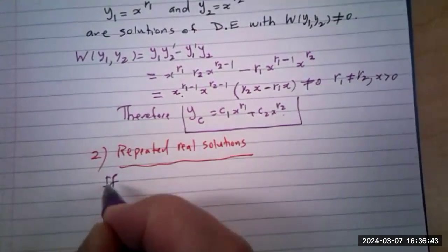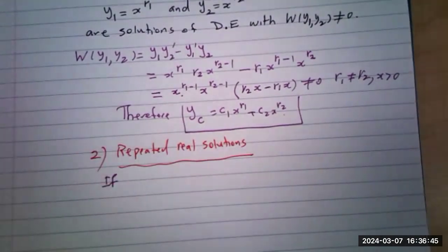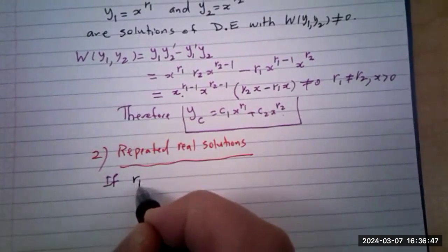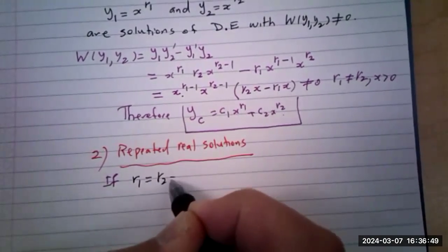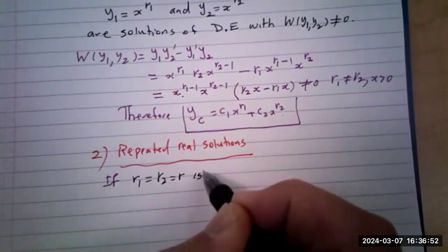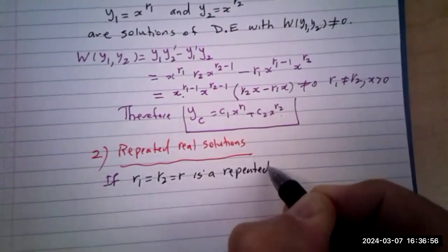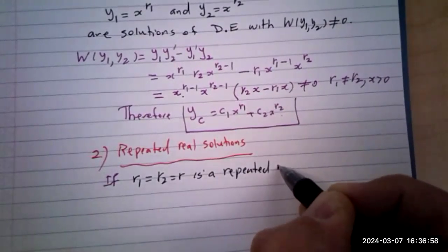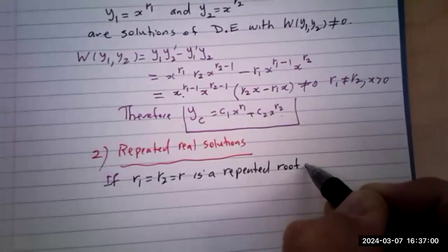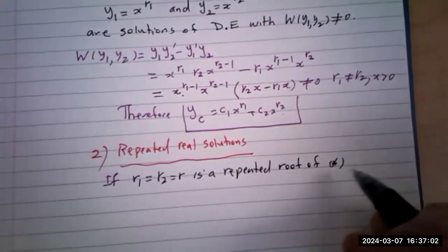If r1 is equal to r2, in this case we call it r, it is a repeated solution, a repeated root, if you like, of the star equation, the characteristic equation.